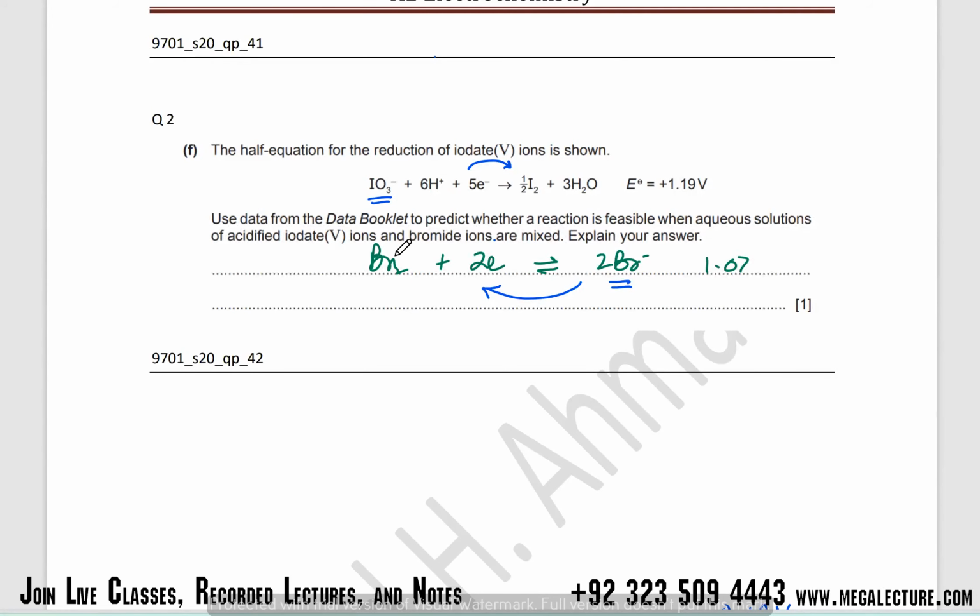That's the only option. And now I'm going to figure out whether the reaction is feasible or not. So it's reduction potential minus oxidation potential. So what do we get as the E naught cell? The difference is 0.12 volts. Yep, so that is feasible. Anything that's positive or greater than 0 is feasible.